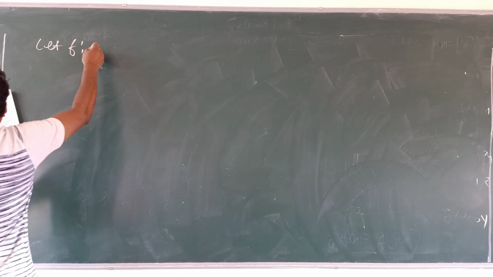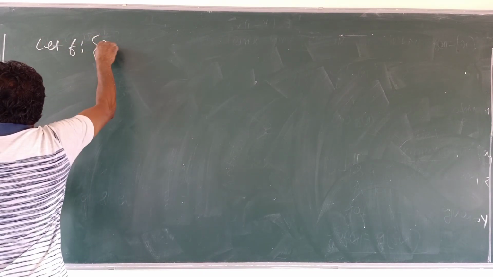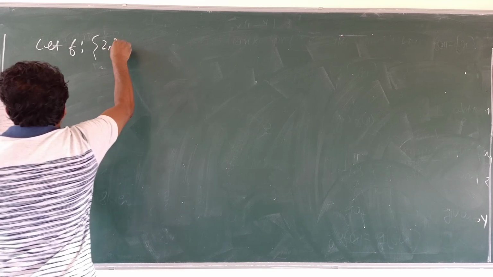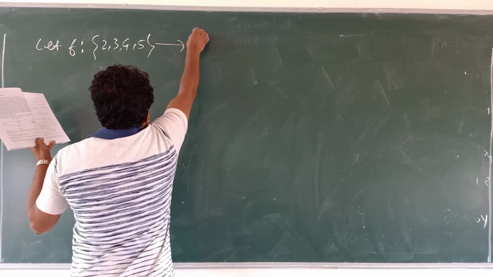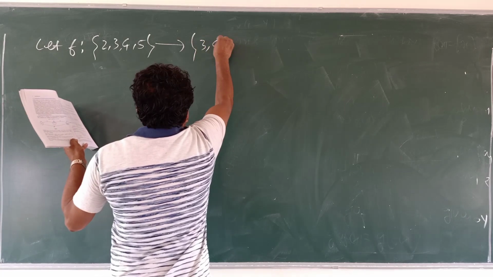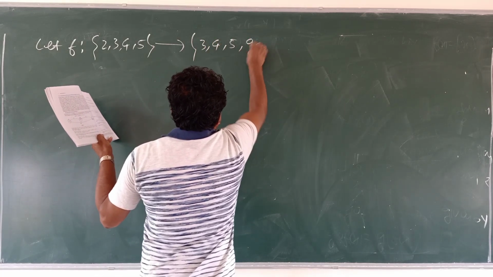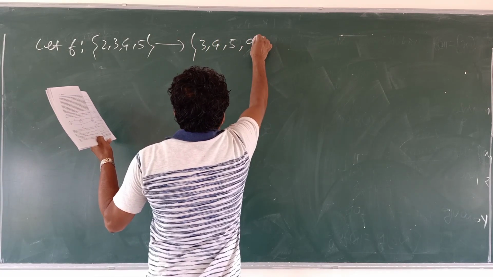Let f be a function from set A, which is 2, 3, 4, 5, into set B, which is 3, 4, 5, 9.